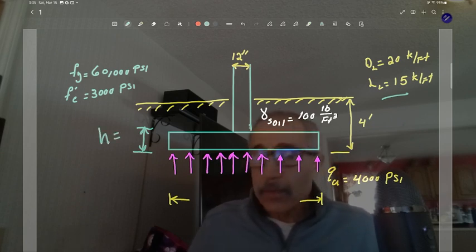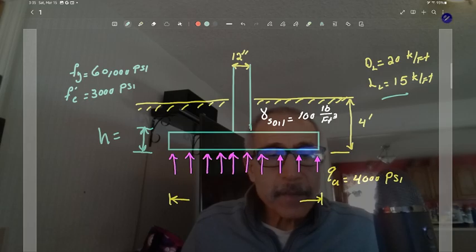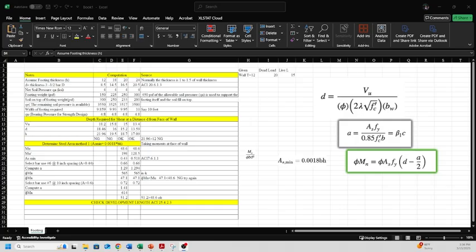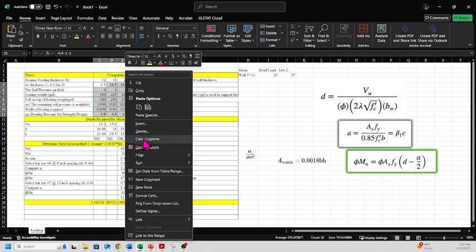The way I want to do this is let's go to Excel and assume a number of these. I've already done this. Let's do it together. Let me clean all this stuff out here. Clear content.